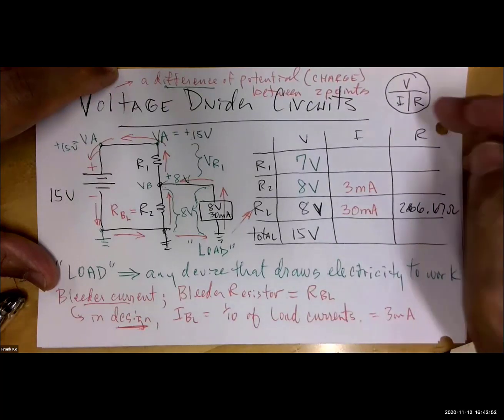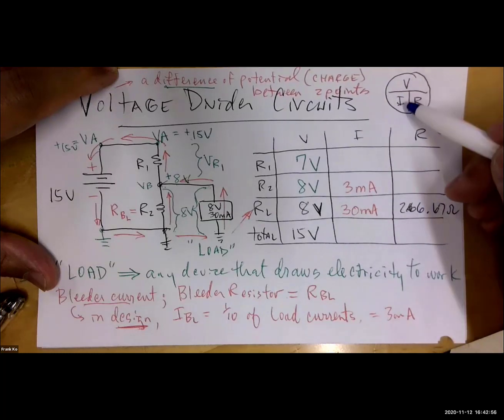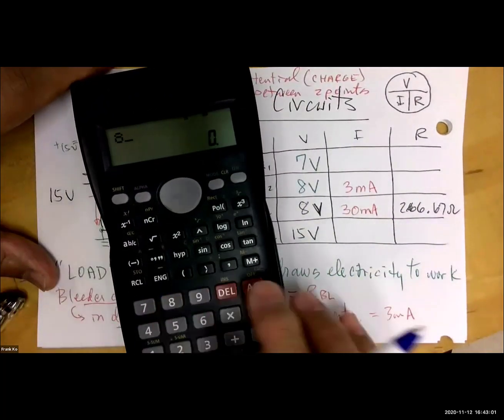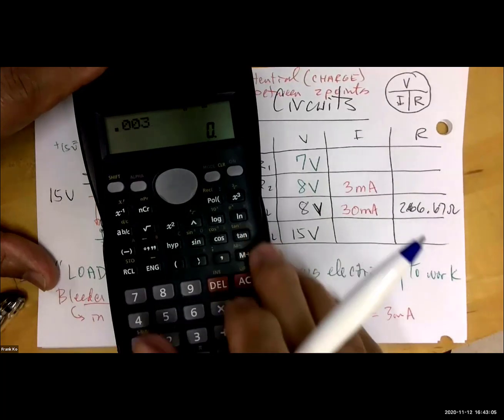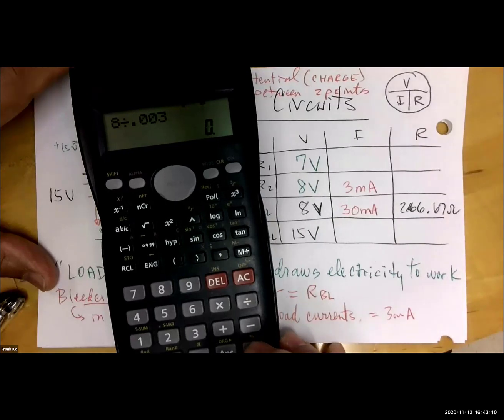Okay, so if I cover up the R, my R will be calculated as what? V divided by I. So we're going to take the 8 volts and divide by 3 milliamps. And what do you calculate, sir?